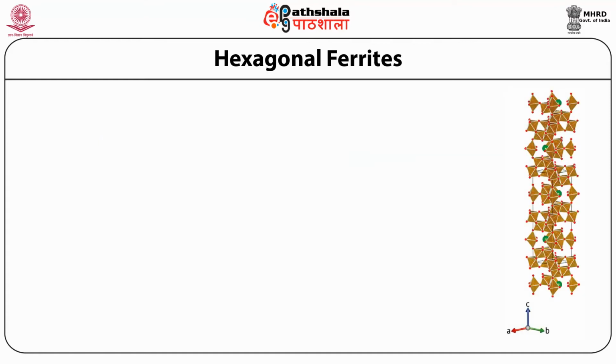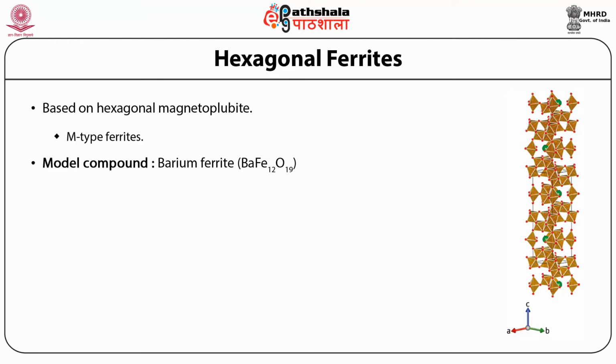Hexagonal ferrites. The hexagonal ferrites are based on hexagonal magnetoplumbites and are often called M-type ferrites. The model compound of this family is barium ferrite with formula BaFe12O19. The large hexagonal unit cell contains 64 atoms, that is 2 formula units.